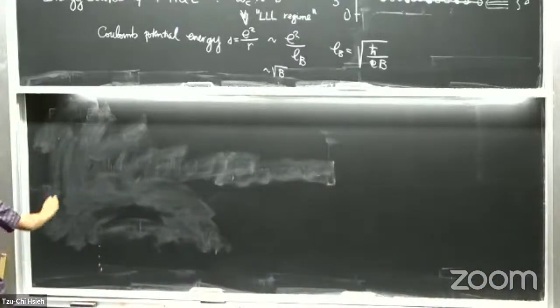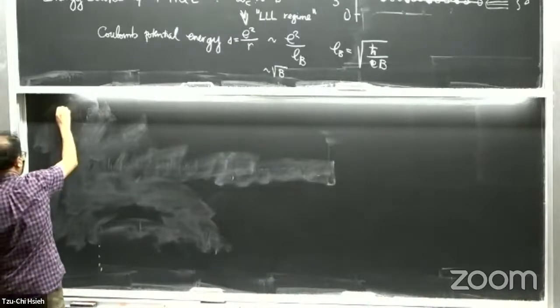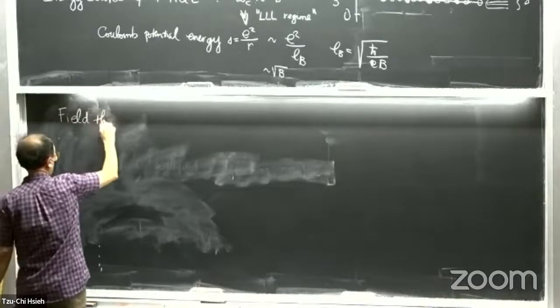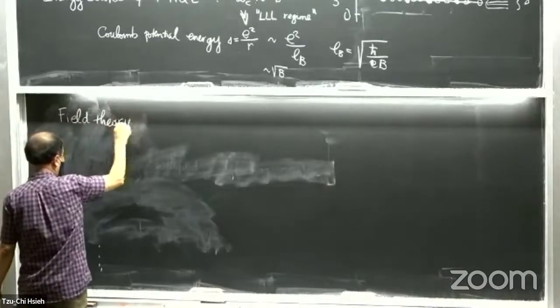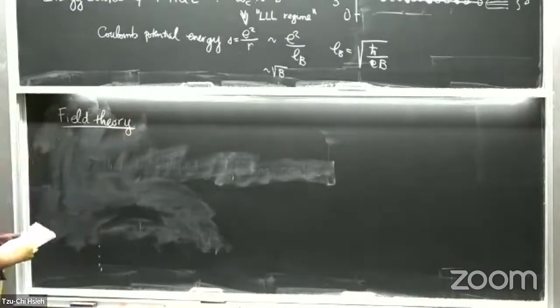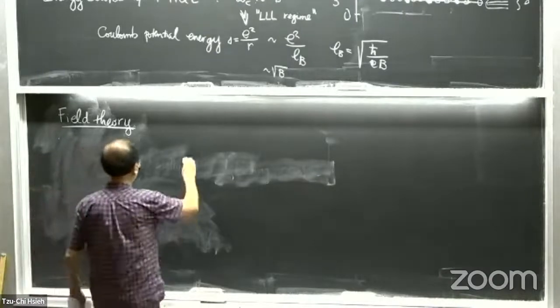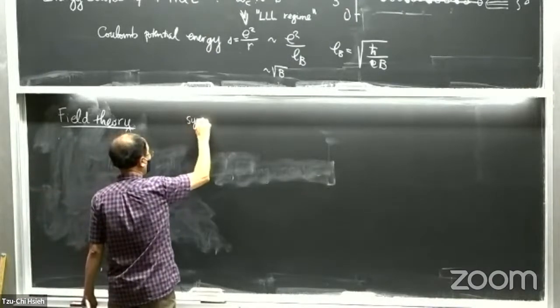Here it's a little bit of field theory, so I want to give a bit of an overview of what is known in field theory. It doesn't have to be quantum field theory, a classical field theory is sufficient. Sometimes we have a symmetry.